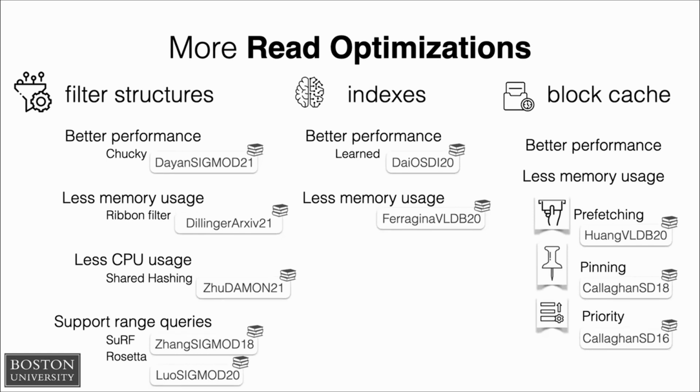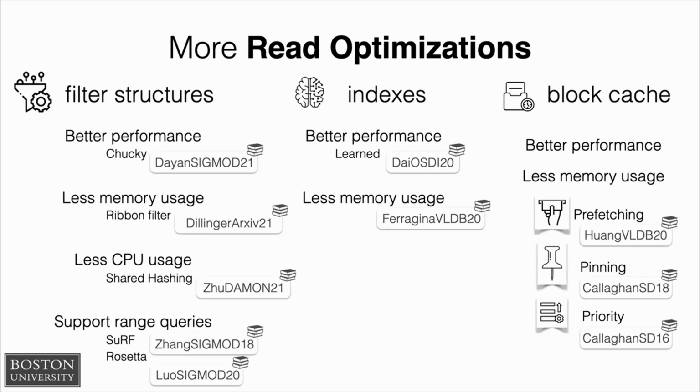This is work from SIGMOD last year. There's also work to reduce the memory size of the filter data structure, because memory is becoming relatively more expensive than storage and CPU as we're deploying in larger data centers today. This is work published on arXiv about reducing memory utilization.